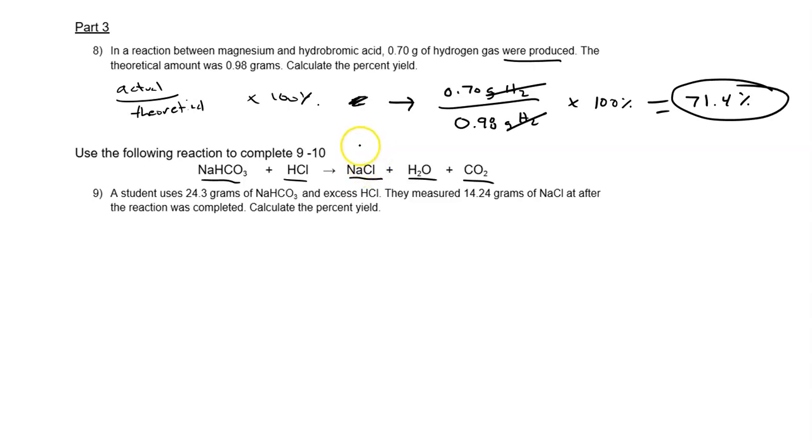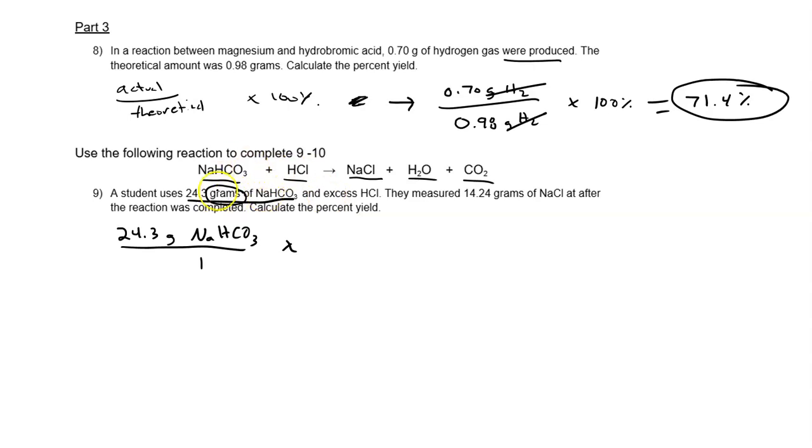Okay? Now, let's take a different scenario. So let's say a student uses 24.3 grams of NaHCO3. That's in grams. So always, first thing we're going to have to do is convert that to moles. So 24.3 grams NaHCO3 over 1 times. Now, it says excess HCl.